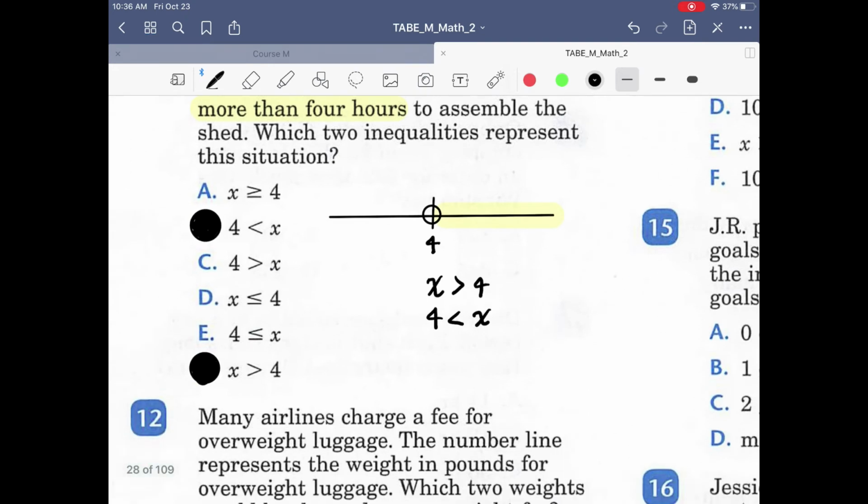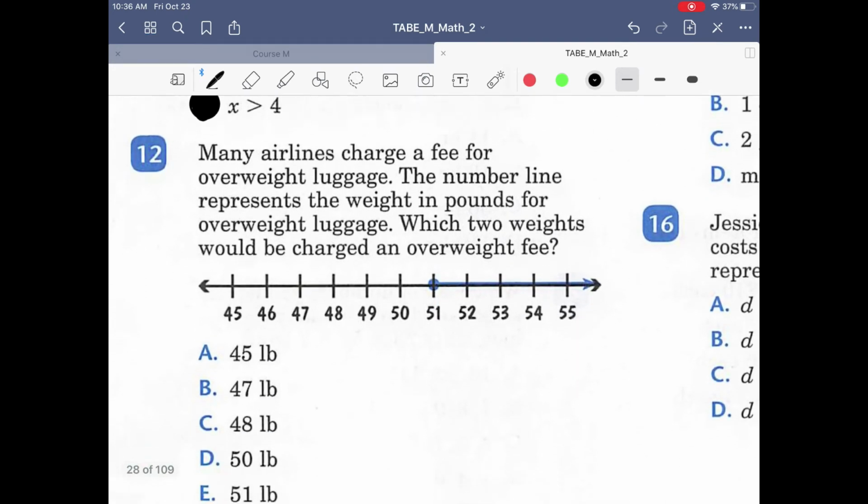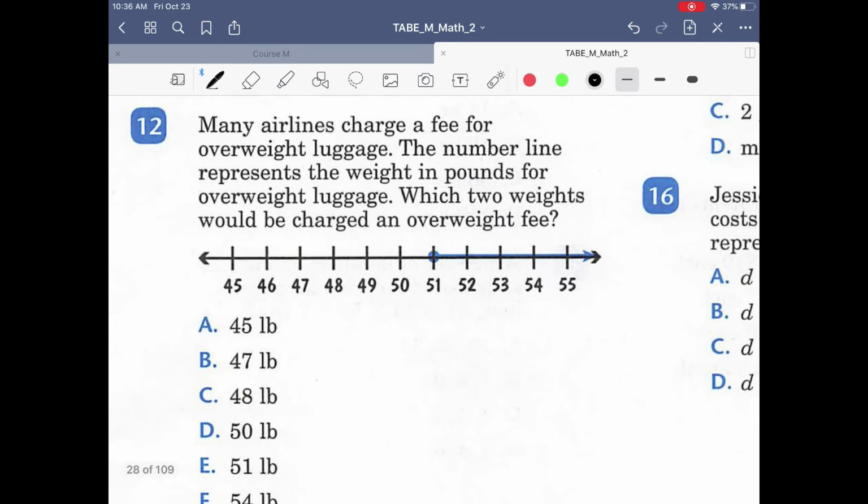All right, number 12. Many airlines charge a fee for overweight luggage. The number line represents the weight in pounds for overweight luggage. Which two weights would be charged an overweight fee? So we have a closed interval at 51 and higher.